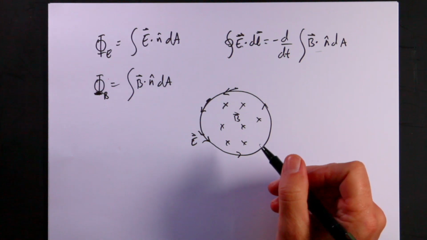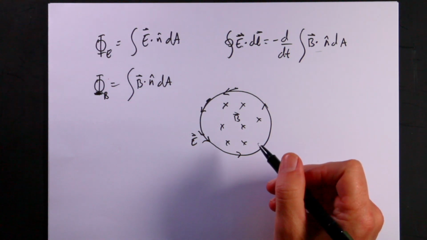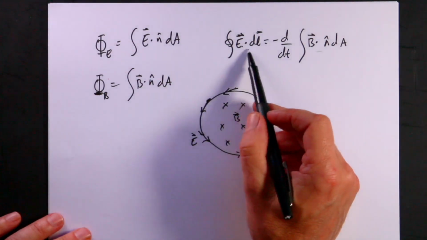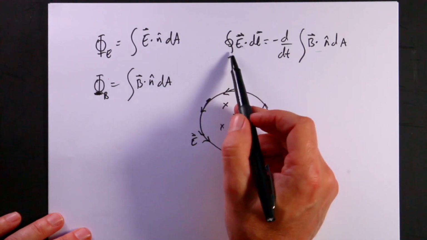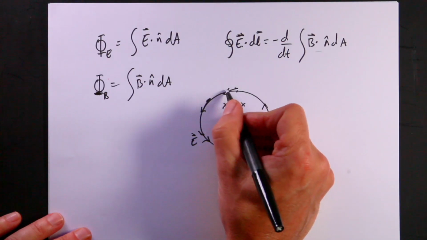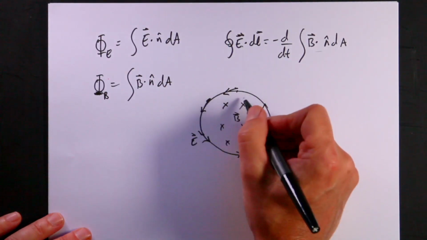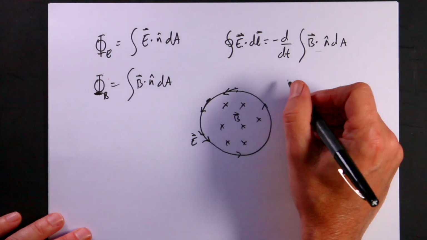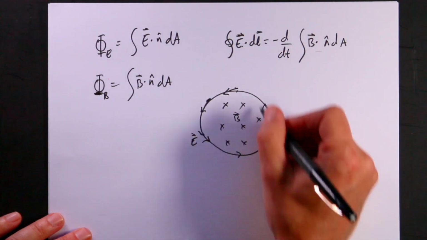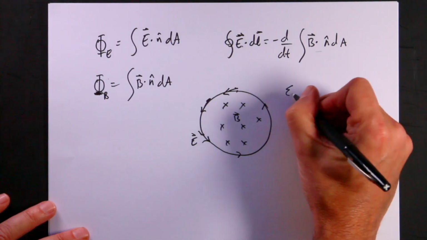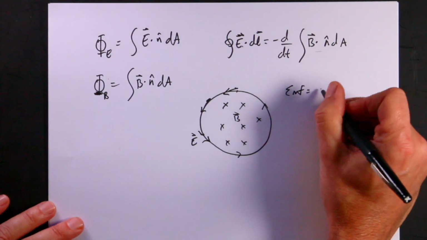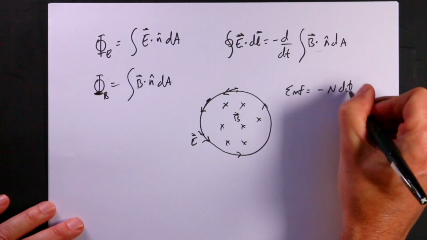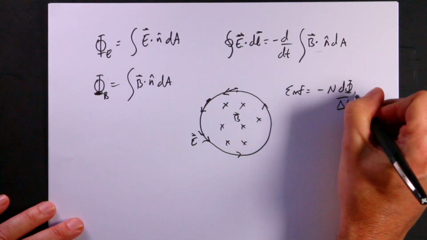You don't even have to have a closed loop to have the electric field. To have a current, you have to have a closed loop. Also, if I take this point and I integrate E dot dl along the whole path, what do I get? I get the change in potential. So this is also the change in potential. So you could write it like this: EMF equals, you'll see it like this a lot of times, negative N dΦ_B/dt.